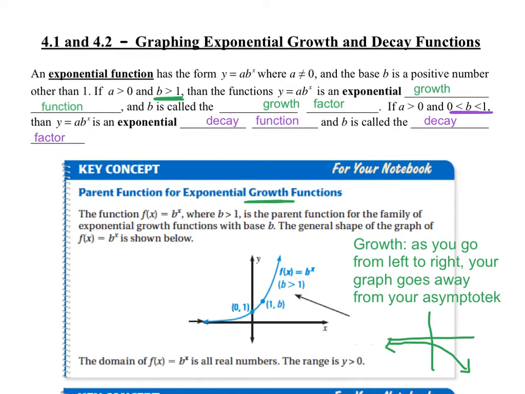What happens is just your values get cut in half. 1/2 can be cut into a fourth. A fourth can be cut into an eighth. An eighth can be cut into a 16th. You can cut that so small until you can't even see the values, but you're never going to be able to get to 0 because you're going to be able to keep making it smaller and smaller. So that's what an asymptote is. So for this one, your asymptote is your x-axis.